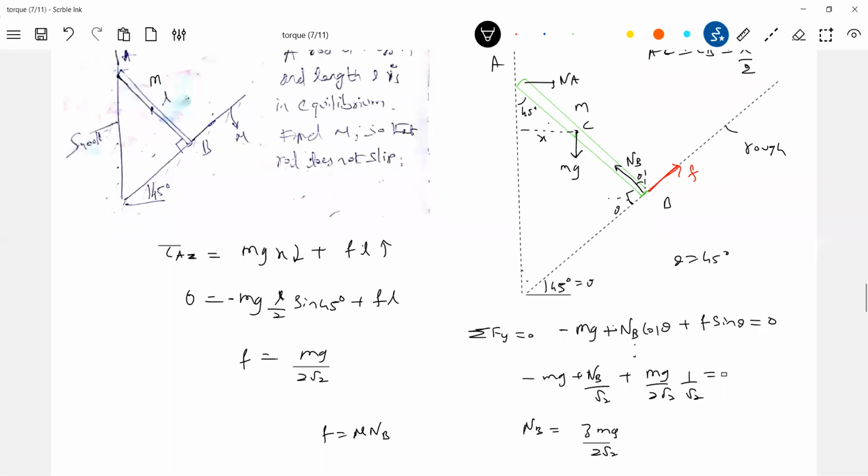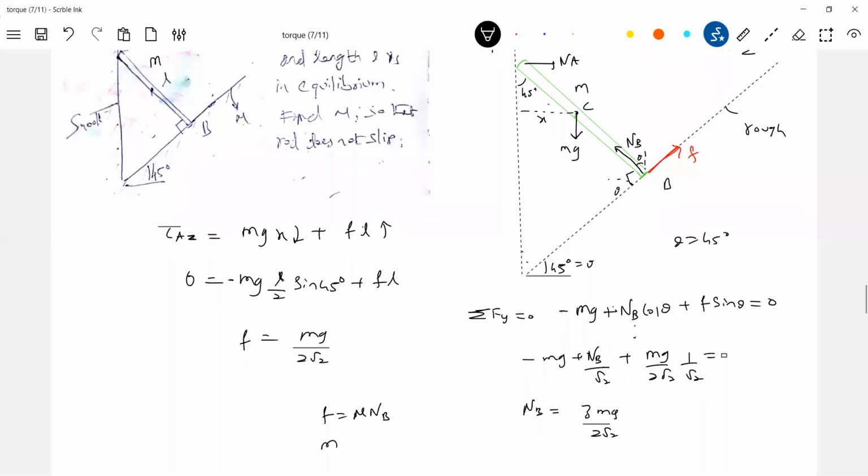Substitute these values. This will be our answer. Now, if the value of mu is less than this, what happens to the rod? It cannot be in equilibrium. Greater than this, it can be in equilibrium.